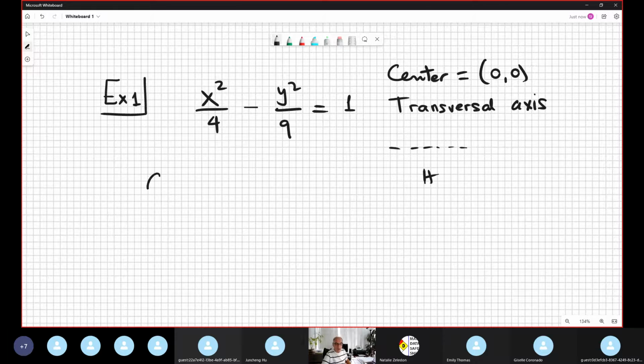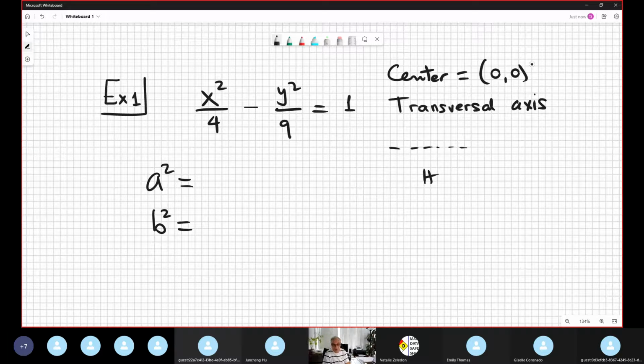Okay, and what is A and what is B? Another confusing part, and the hyperbola is different from the ellipse. Who is A squared and who is B squared?